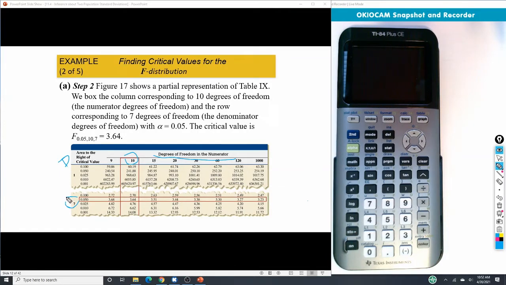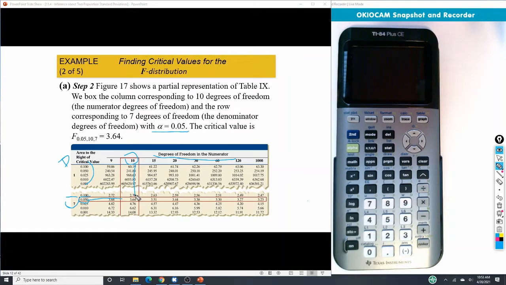Now within every denominator, you're going to have 5 pieces here to choose from, and it's always going to be one of those, so don't try to overthink that. What if it's something else? It's not. It's going to be one of those pieces. And so for ours, our alpha was 0.05, and so that's why they have that 0.05 boxed in. And so we go from there into the 10, and so we get 3.64.